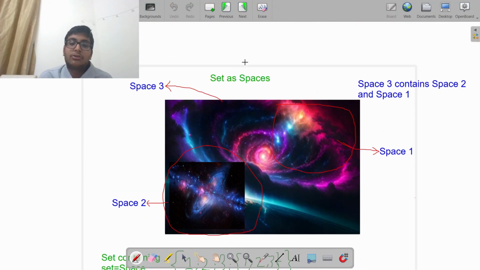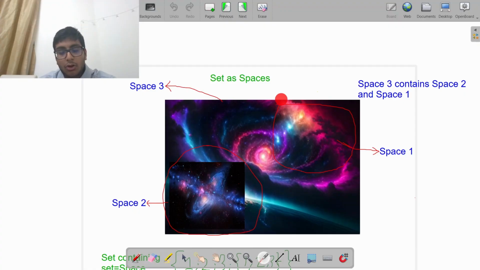Now, let us get back to the best part. Now we're representing sets as spaces. As you can see over here, I made this pictorial diagram for you to understand. There was an error in the diagram, but as you can see, there is a galaxy over here. This is another galaxy, and this is a bigger galaxy.